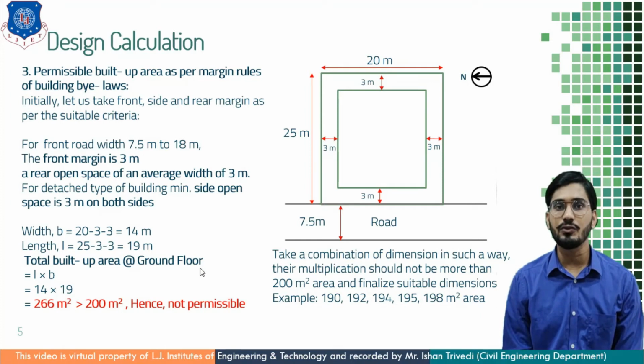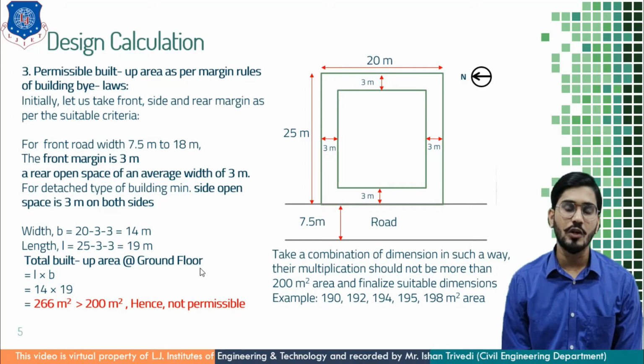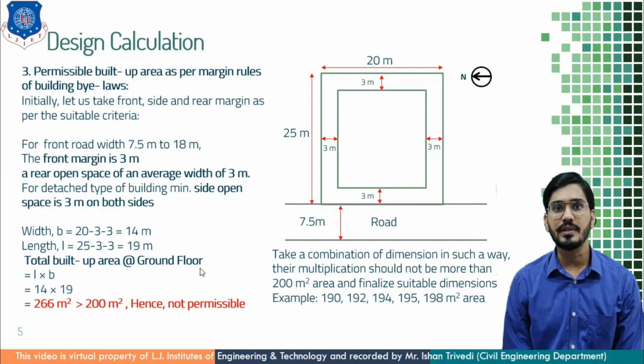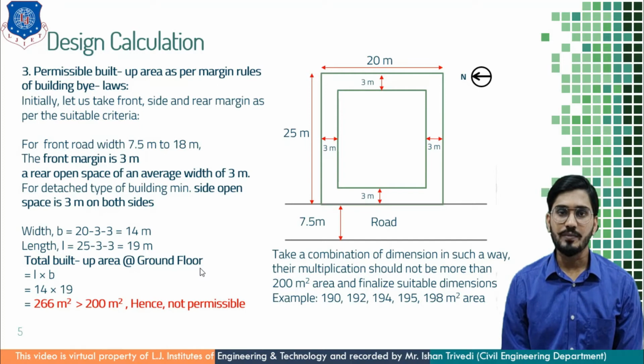Otherwise, if you miss out the calculation of any projection, door or window opening, staircase or ventilation duct, sometimes you won't get the permission, or the plan can be rejected by the town planning authority. So it is better to keep it less than 200 meter square.